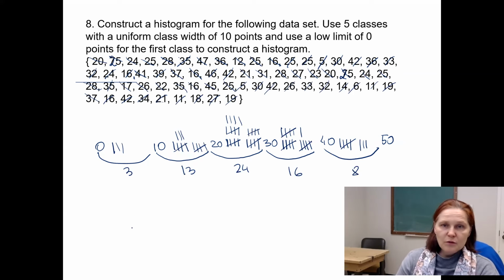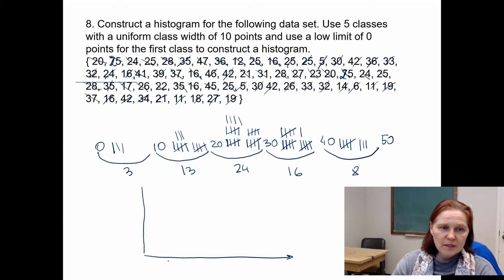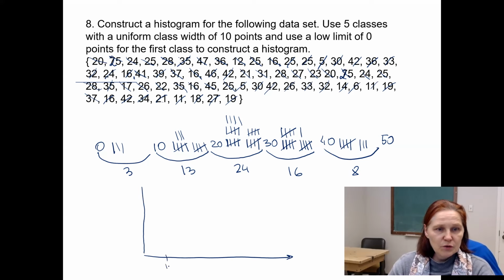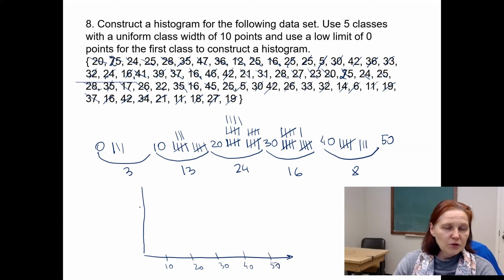And the last step, we draw the histogram. On the x-axis, we show our classes from 0 to 10, 20. On the y-axis, we must have a scale. We have frequencies up to 24, so let us take 5, 10, 15, 20, 25.